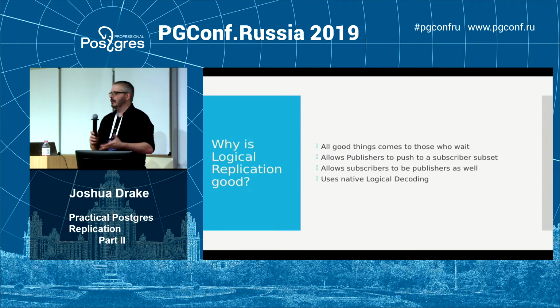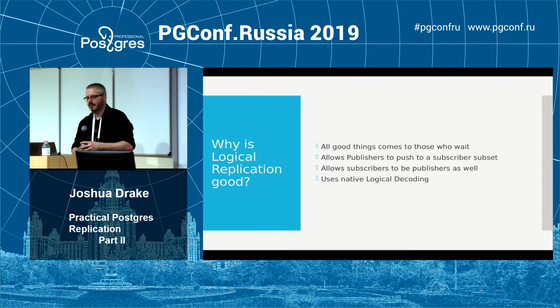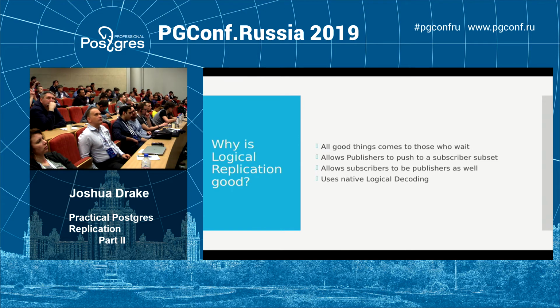We now have built-in native logical replication. It allows publishers to push to a subscriber subset, allows subscribers to be publishers as well. That's key. Think about what I just said. Allows subscribers to be publishers as well.